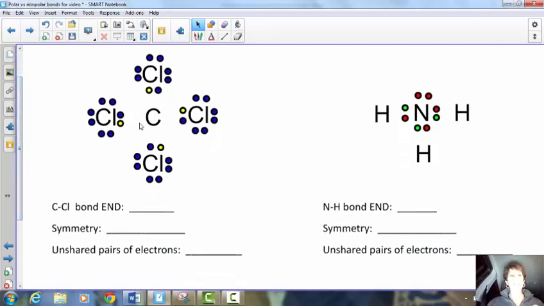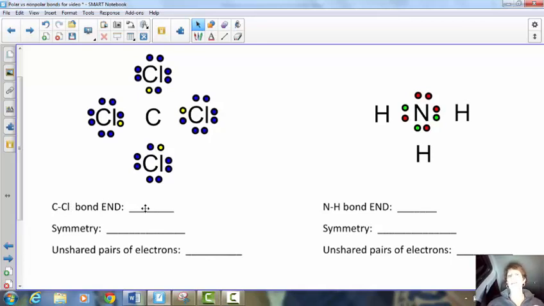So I have these two diagrams. Here's carbon tetrachloride, so it has 4 chlorine atoms around it. And here's nitrogen trihydride. It has 3 hydrogens around it. So the first thing that you want to do is look at what the actual electronegativity difference is. Just for curiosity's sake, you can look up the difference between carbon and chlorine and find the electronegativity difference.